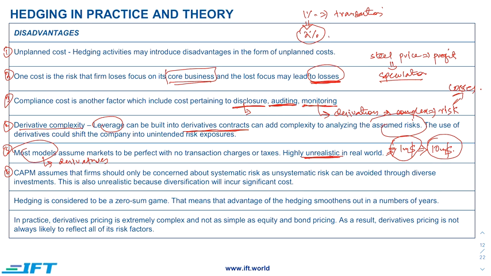Similarly, models like CAPM, which is used to quantify the shares, also talk about systematic and unsystematic risk. So systematic risk is the risk which is related to the financial market that cannot be diversified away, but the unsystematic risk is something that is related to the company, and we can diversify it through diverse investment. Again, this assumption of diversification is not realistic, because in the real world you will be putting a lot of cost in terms of transactions if you are moving from one share to another.